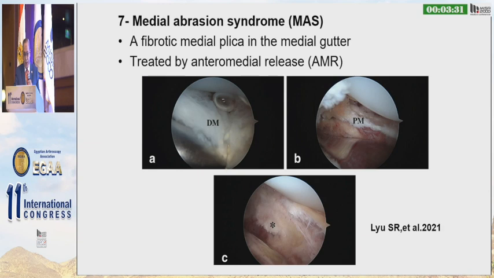Number 7, medial abrasion syndrome. It is a fibrotic medial plica in the medial gutter. Treated by anteromedial release arthroscopically.